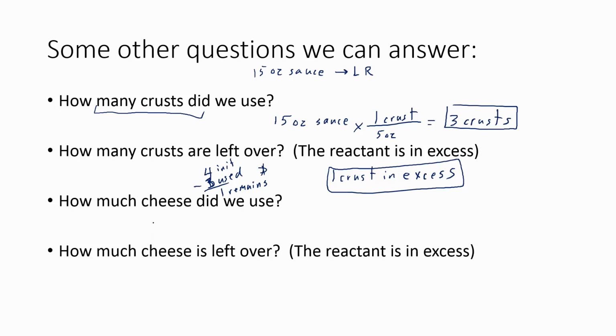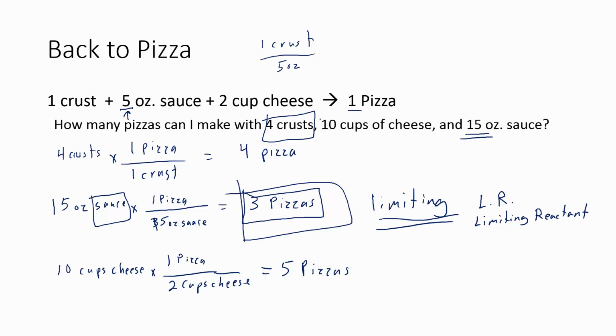Alright, let's try it. So again, start with the limiting reactant, 5 ounces of sauce. Now our sauce to cheese ratio is 5 to 2. Okay, so let's use that 5 to 2 ratio.